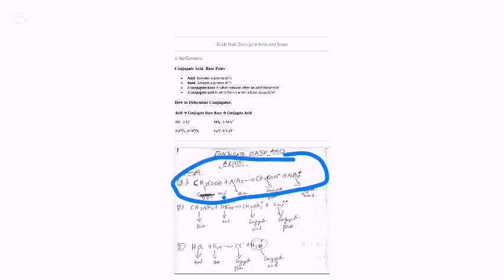According to Bronsted-Lowry, an acid is a proton donor. Arrhenius also said that an acid is a substance which increases hydronium ion, or hydrogen ion. So when you look at this acid plus ammonia, what will happen?